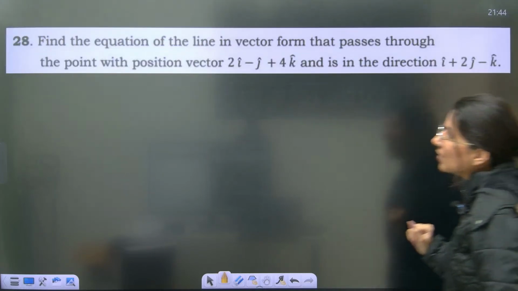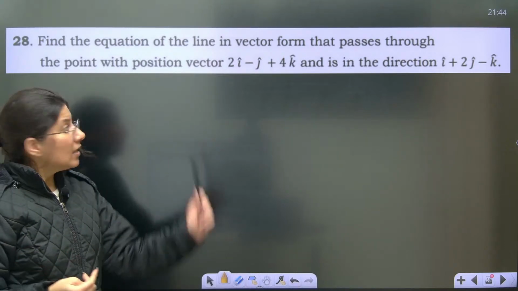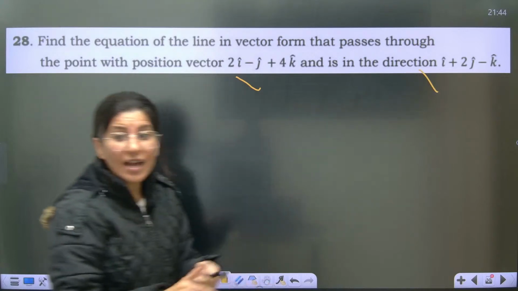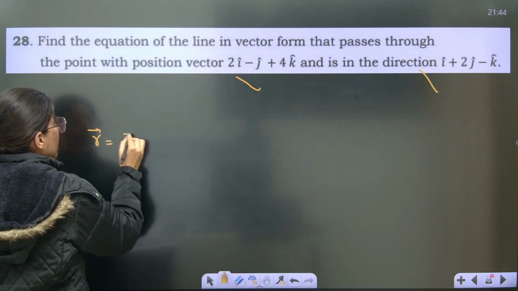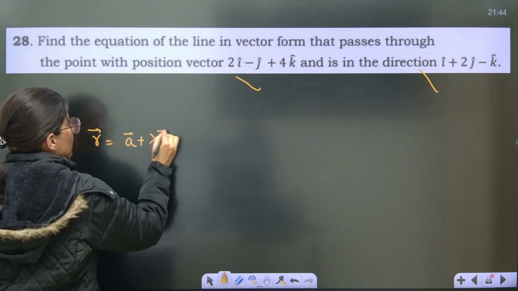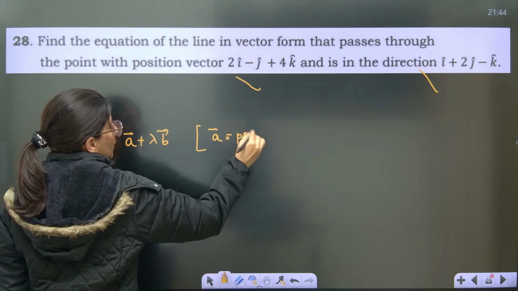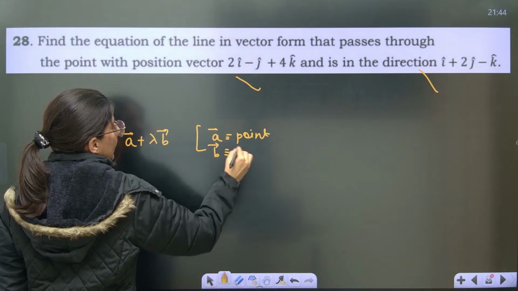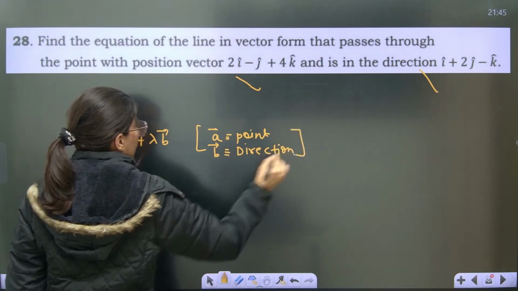Now this question. Find the equation of a line in vector form whose point is this and whose direction is this. Understand? In vector form, your line will be point plus lambda times direction, where A is the point and B is the direction.